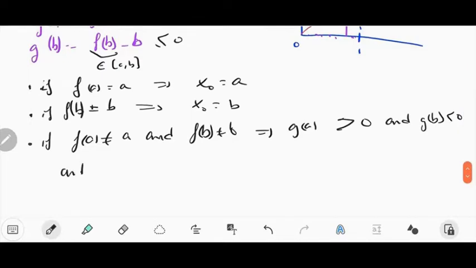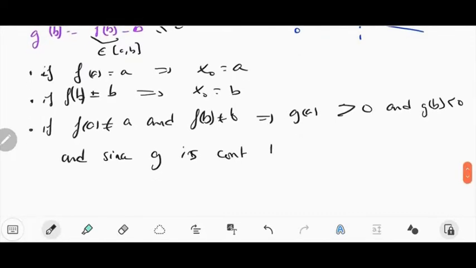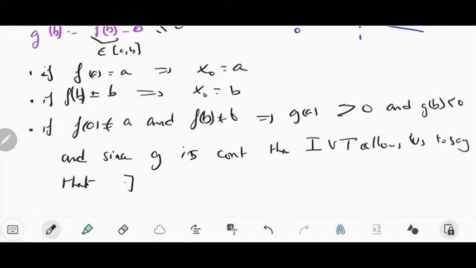And since g is a continuous function taking a positive value at a and a negative value at b, the intermediate value theorem allows us to say that there exists x0 that belongs to ab such that g of x0 is equal to 0, since g is taking a negative value and a positive value.